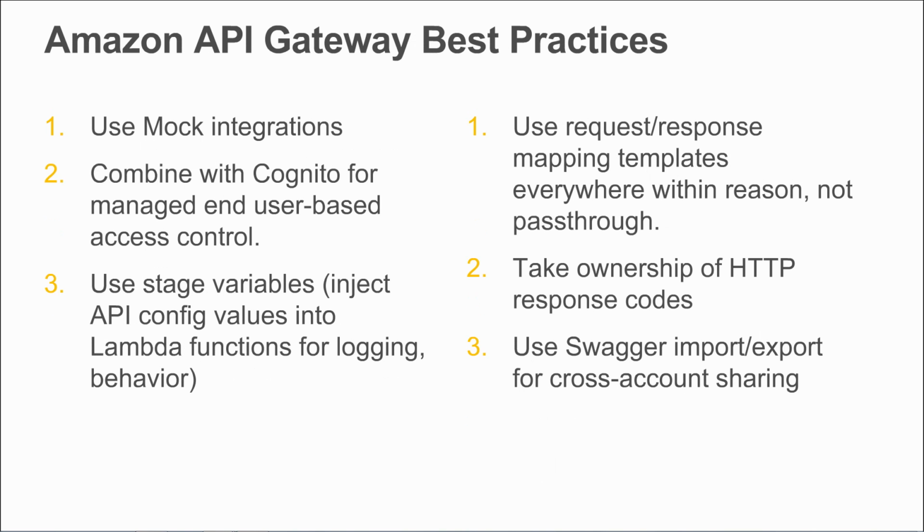Okay. The last one, the best practices for API Gateway that I'll mention, is another that I didn't have a chance to talk about today: mock integration. So Amazon API Gateway, if you're going to have all this speed from a development perspective on the back end, you might want to give your front-end developers something to interact with sooner in the process.